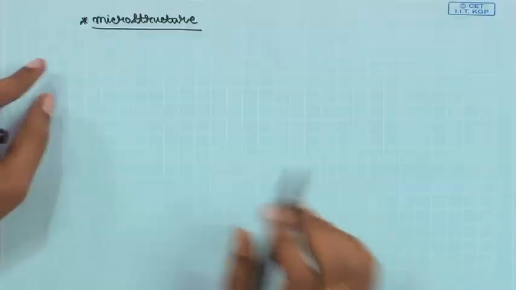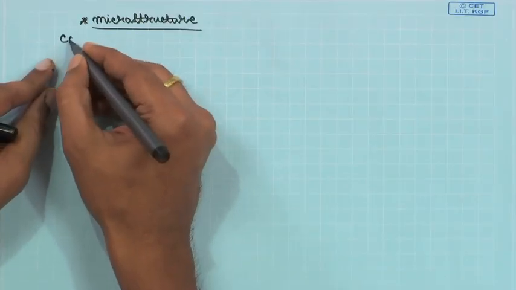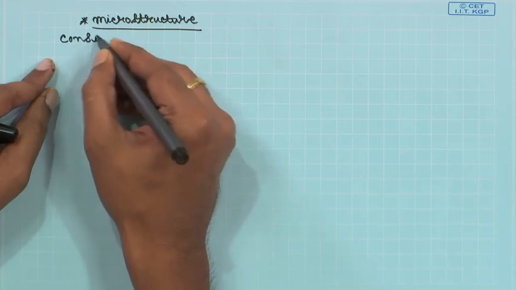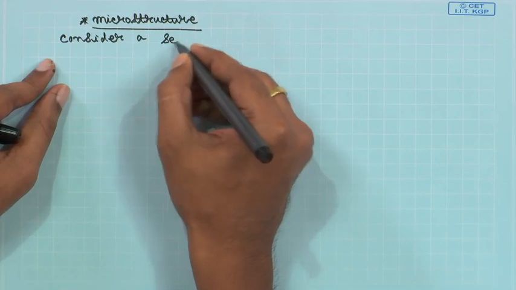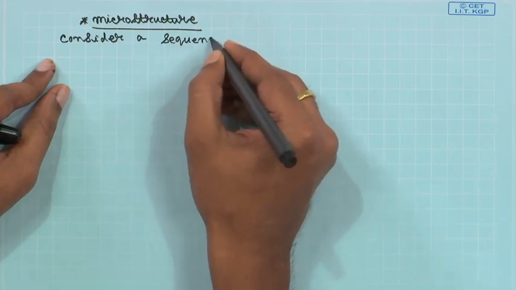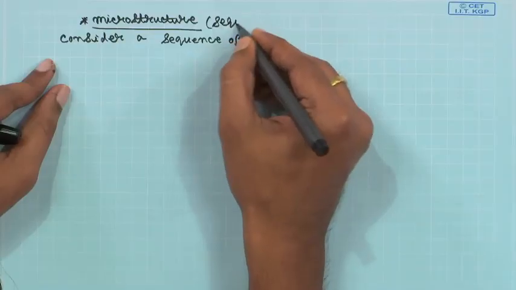Microstructure. Now, consider a sequence, or also sequence length distribution.